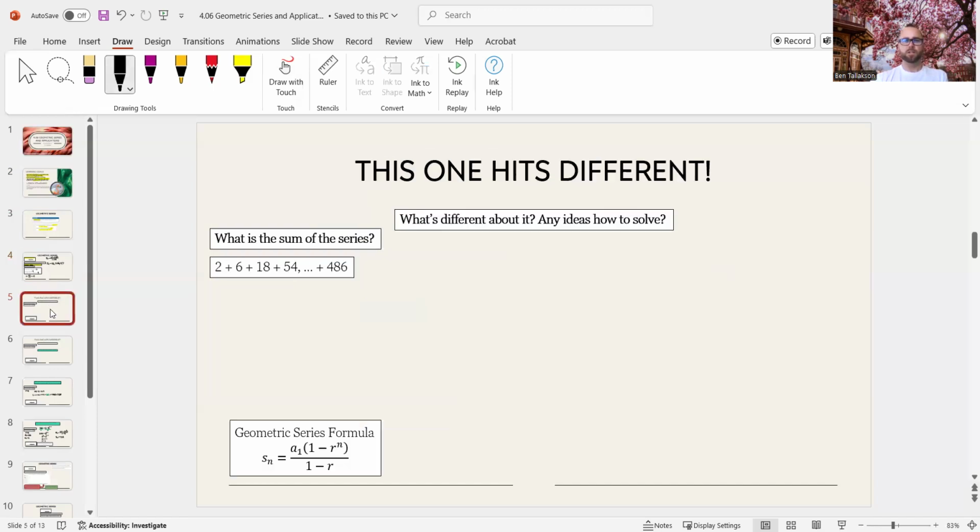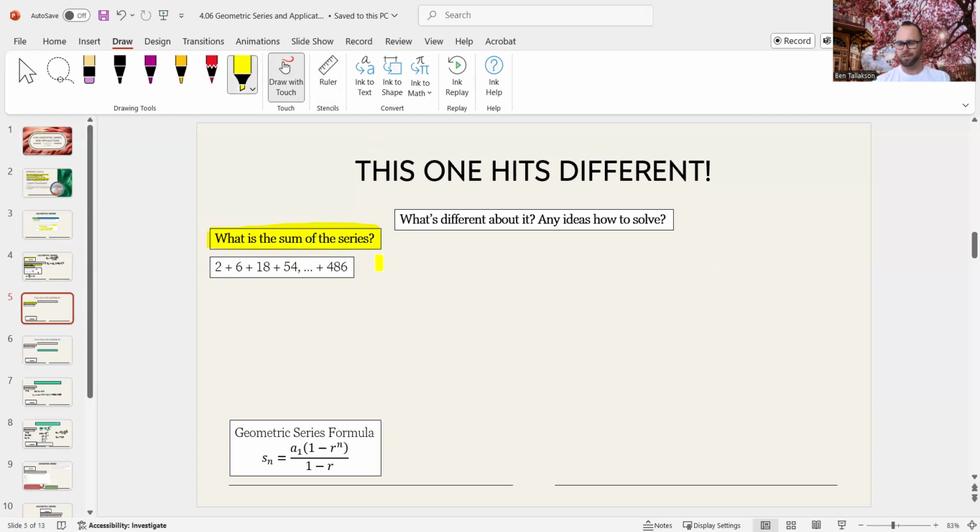Moving on. This one hits a little different, and I know you're new to this. We just barely started learning about it. But let's read what's on the board and maybe we could figure it out. It says, the question is, what is the sum of the series? That's a little weird, right?